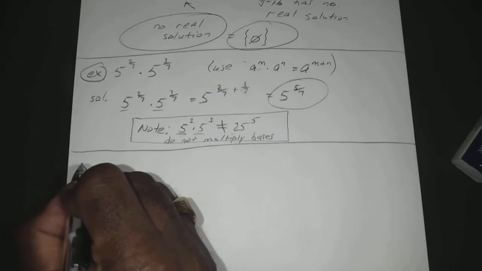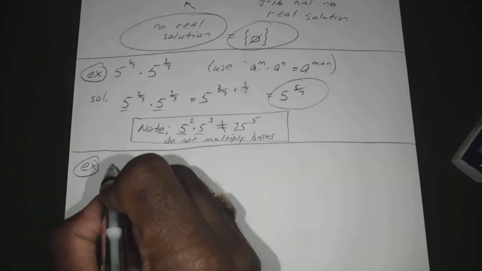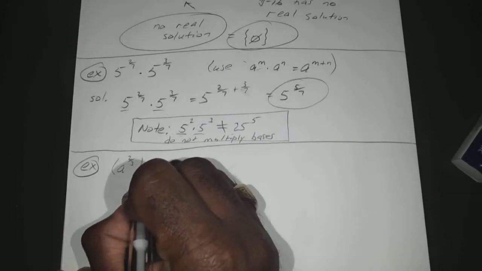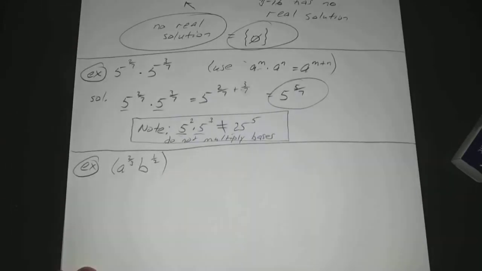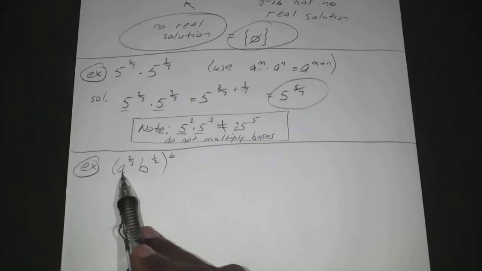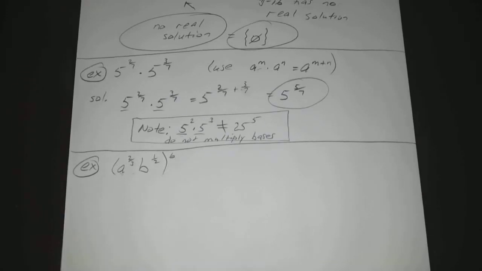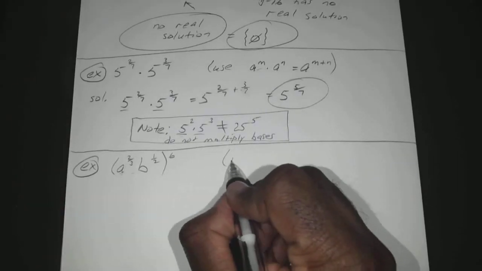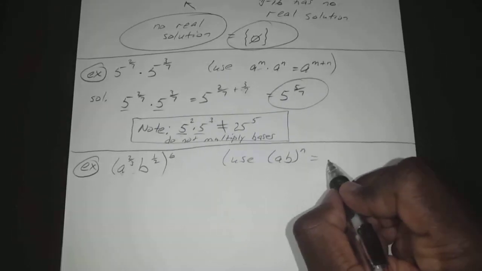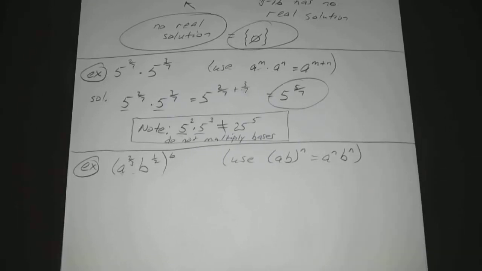Okay, so let's say we have a to the 2/3 power times b to the 1/2 power, and we raise that to the 6th power. Here we have a product and a power rule, so we use a times b to the nth power equals a to the n times b to the nth power.